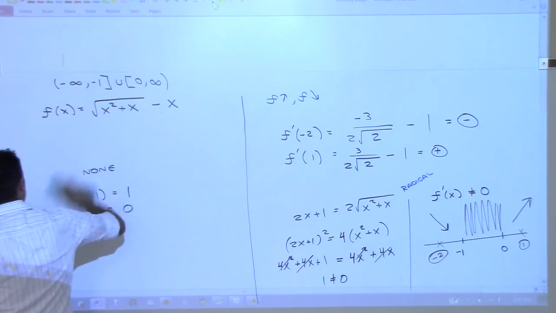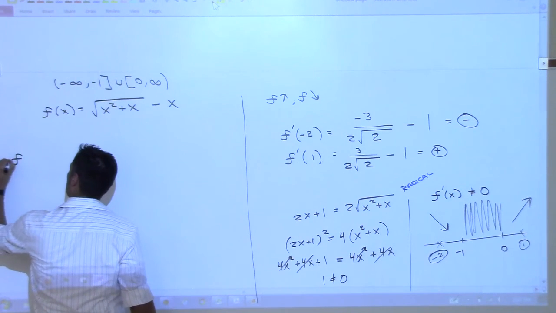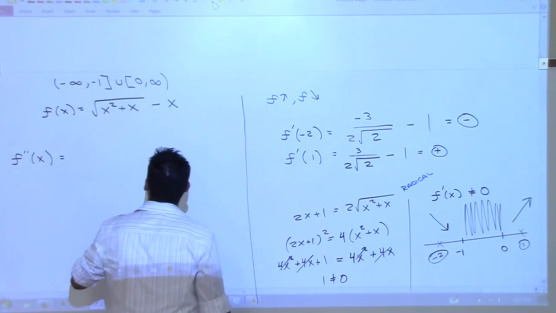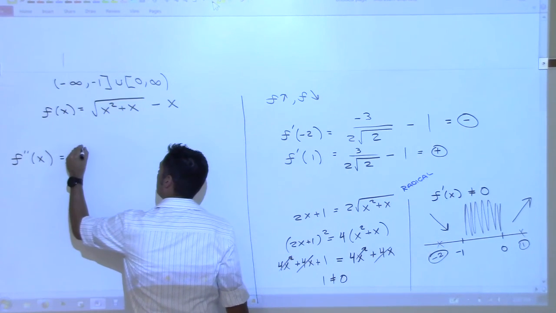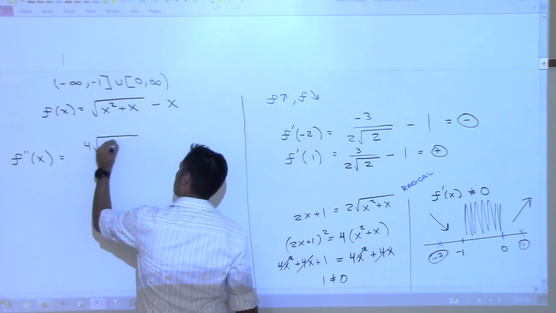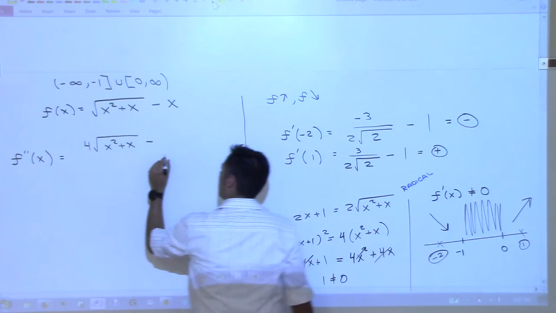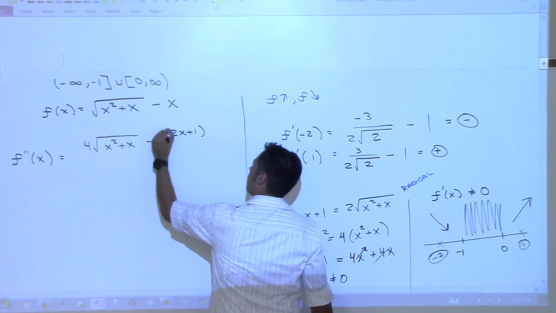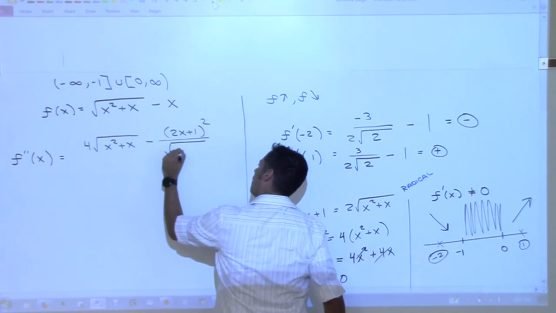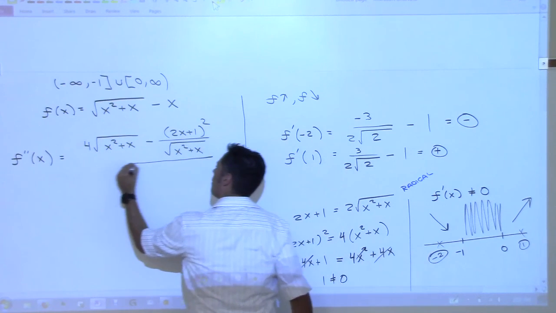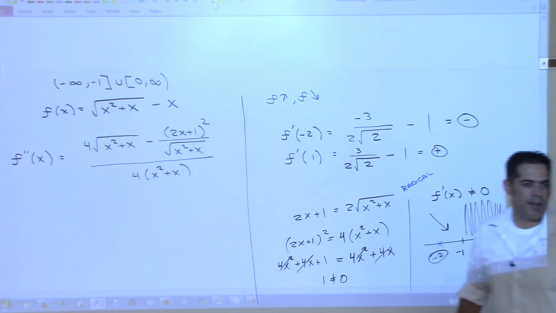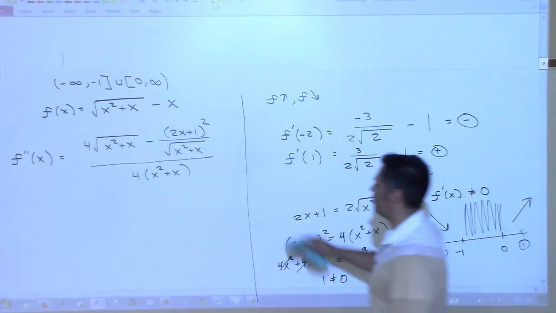So my second derivative was what? 4 root x squared plus x, oh yeah, that canceled. 4, that, right? Okay, so that was our second derivative. Now we need to set this equal to 0.